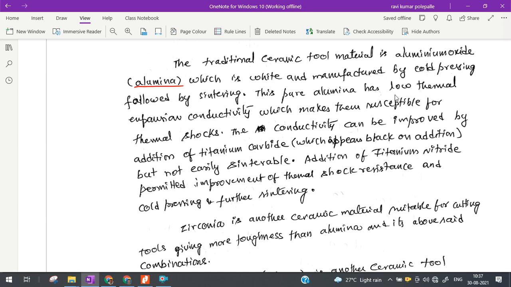This pure alumina has low thermal expansion. So it has low thermal conductivity, which makes it susceptible to thermal shocks. The conductivity can be improved by addition of titanium carbide, and after addition of this titanium carbide, the composite appears black.